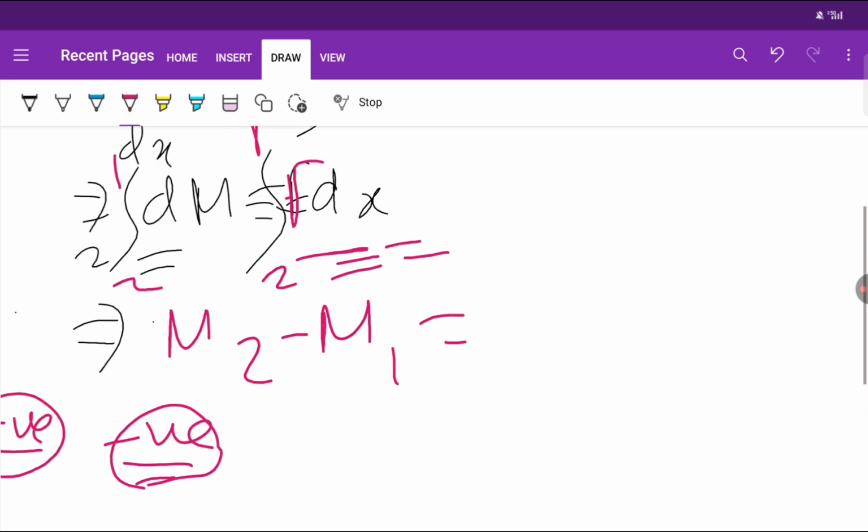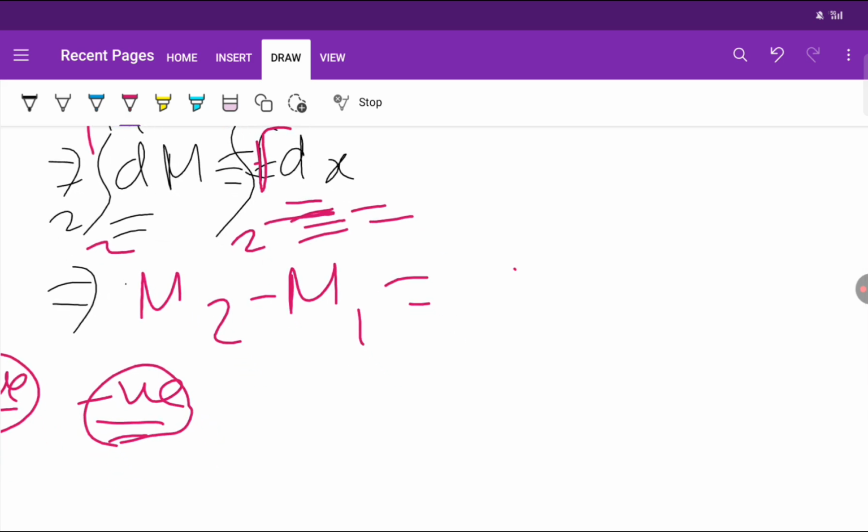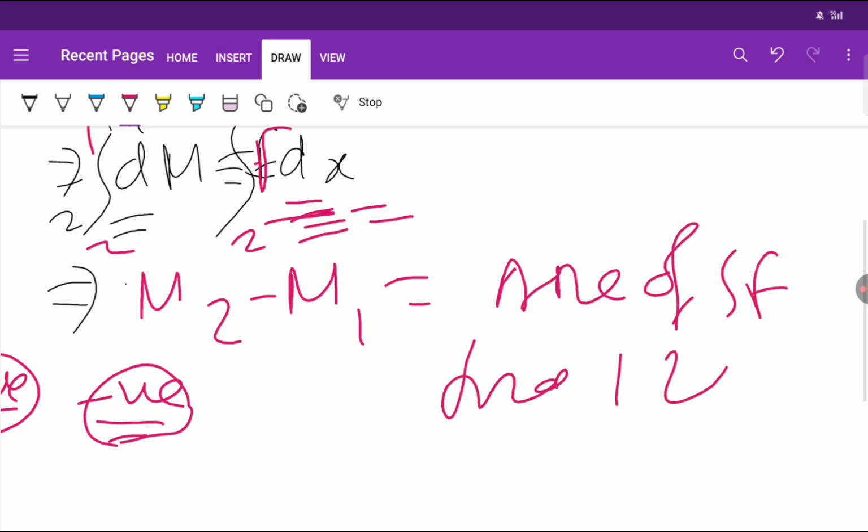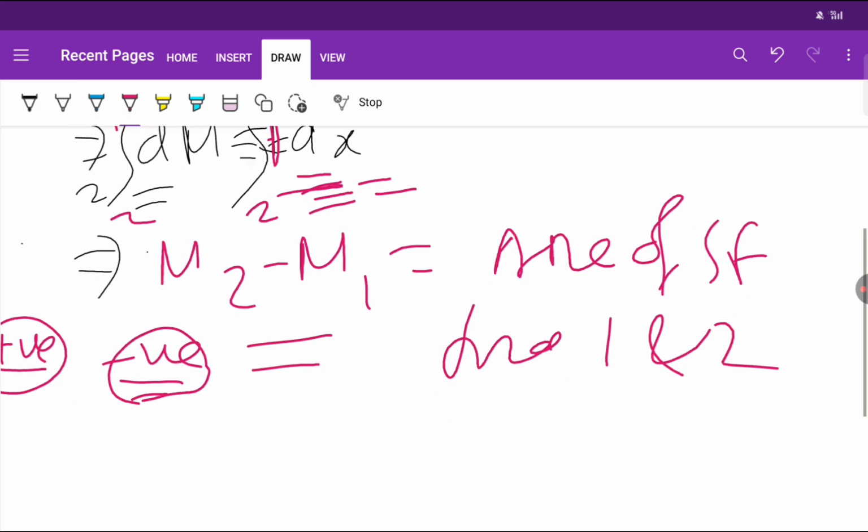So we will be applying this formula: the moment difference between 2 and 1 is equal to the area of shear force between 2 and 1.